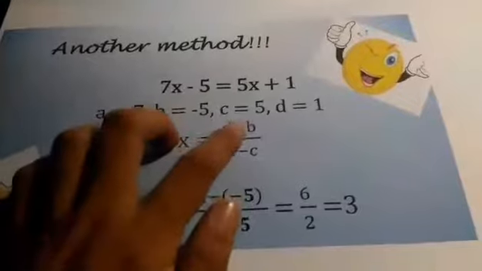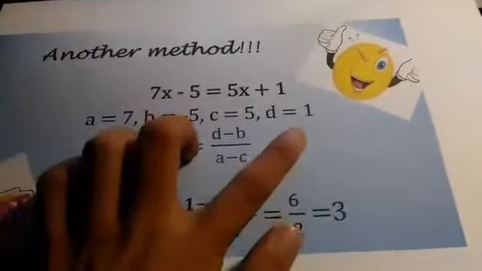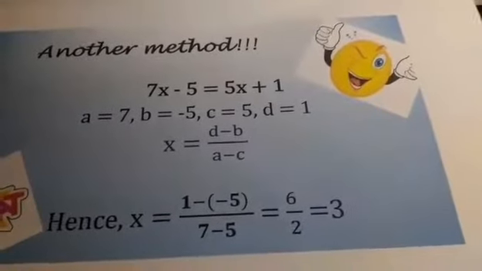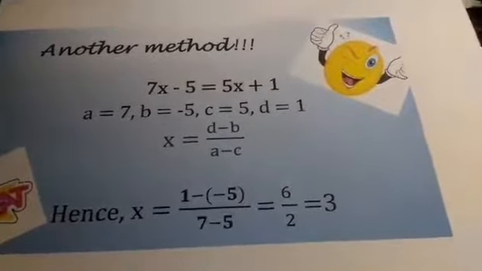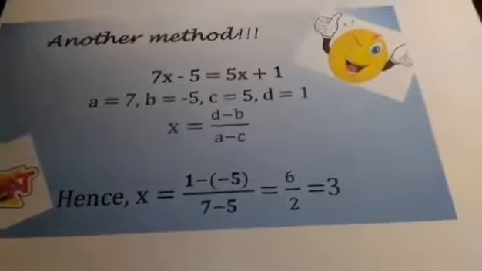Now, since the equation satisfies the condition given earlier, we can now use the formula given to us, which is x is equal to d minus b divided by a minus c.